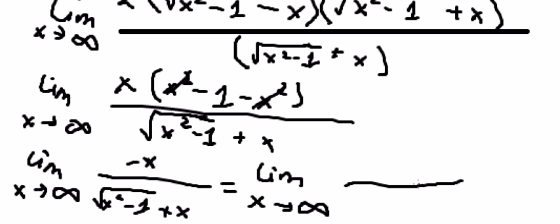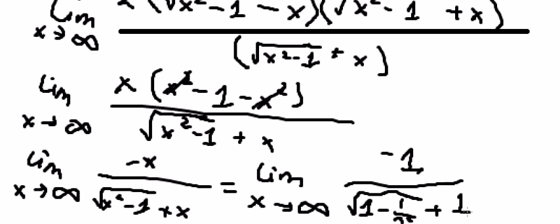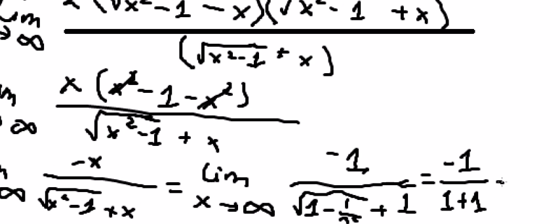So you get negative 1 on top. Here, we have x squared inside the square root, so you get the square root of 1 minus 1 over x squared, plus 1. So this one goes to 0, so you get negative 1 over 1 plus 1, and you get negative 1 over 2.